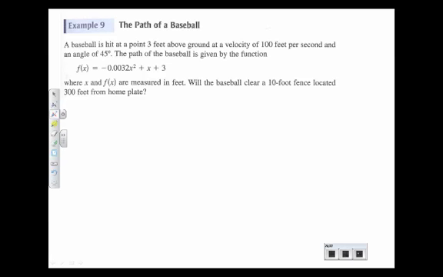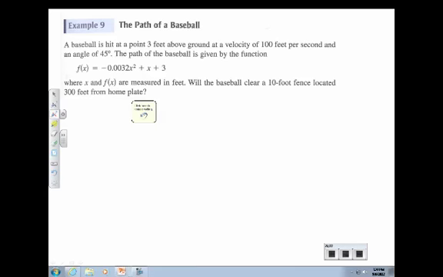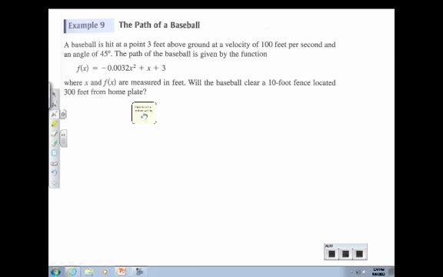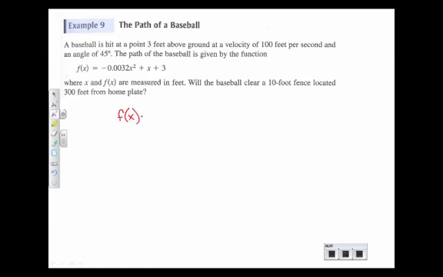So here we go. f of x equals negative 0.0032, and we're going to go 300 feet from home plate, plus 300, plus 3. We're going to do some simplifying on this. If we simplify this out, we're going to get 15.